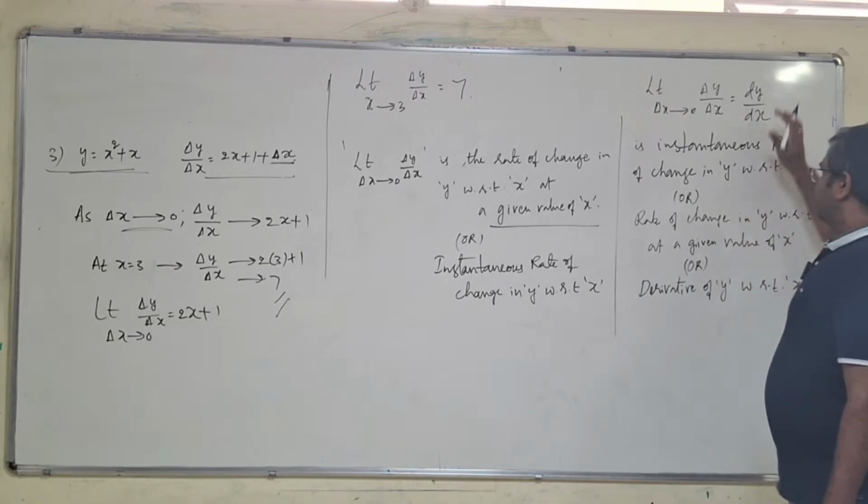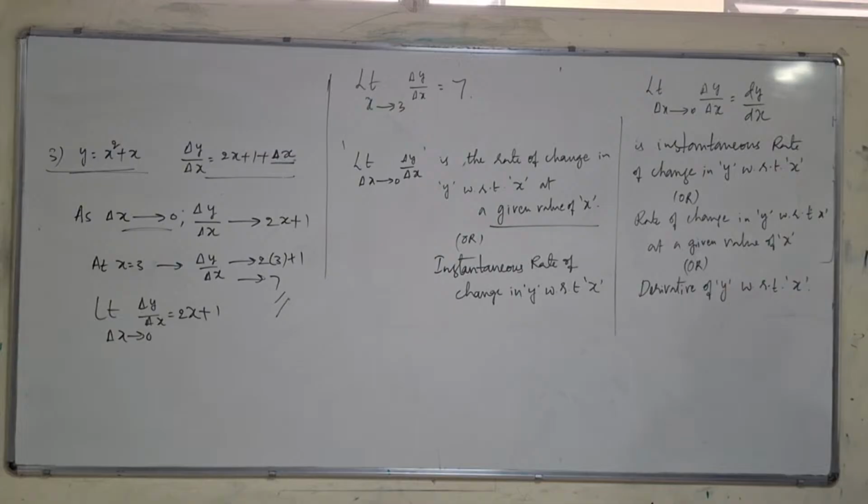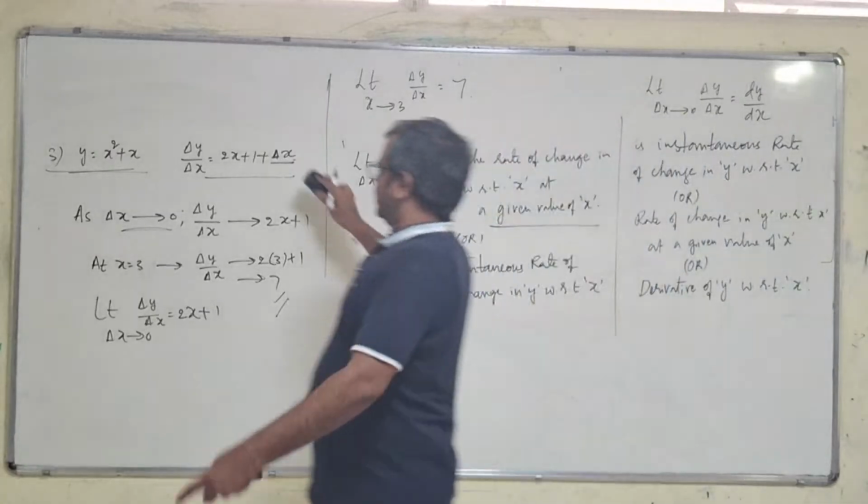Mathematics people say this is derivative of y with respect to x. The process of finding derivative of y with respect to x is called differentiation. The process of finding dy by dx is called differentiation. You understand this? I'll give you 1 or 2 examples in physics.